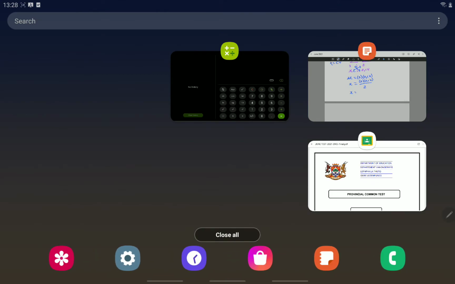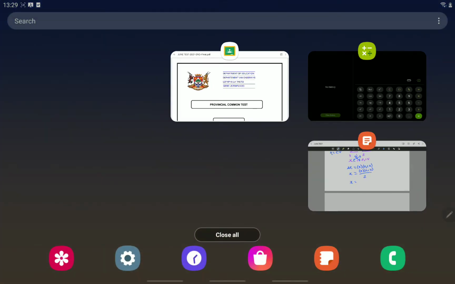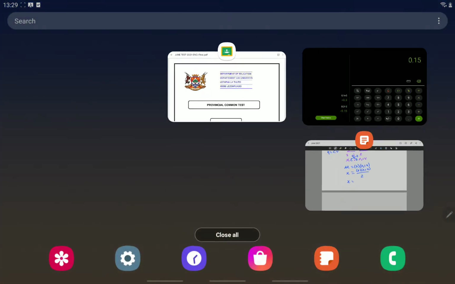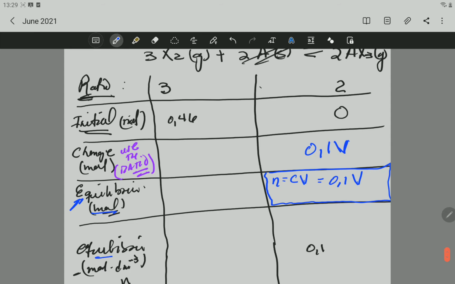Let's use the calculator: 0,1 times 3 divided by 2 is 0,15. So we have 0,15 V. This is the change for the reactant here.